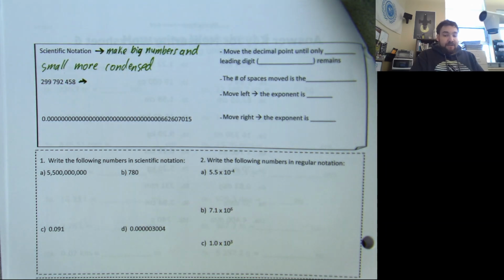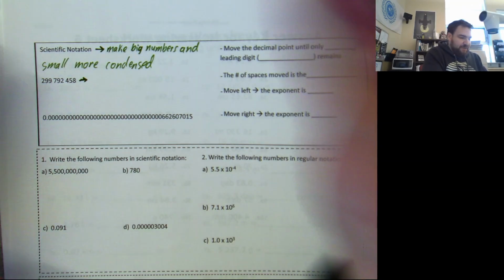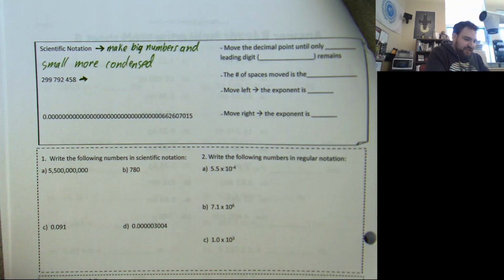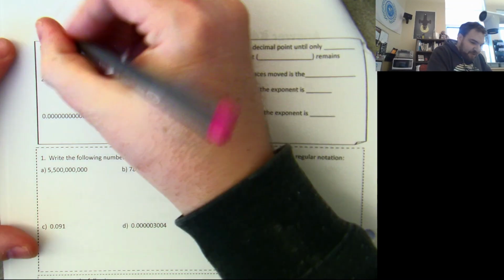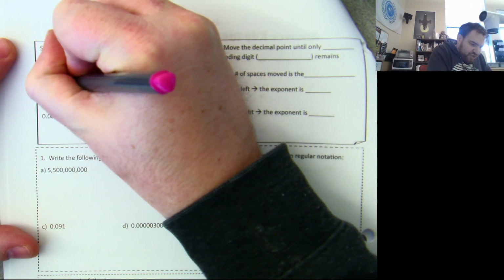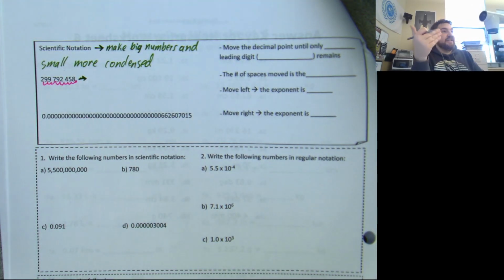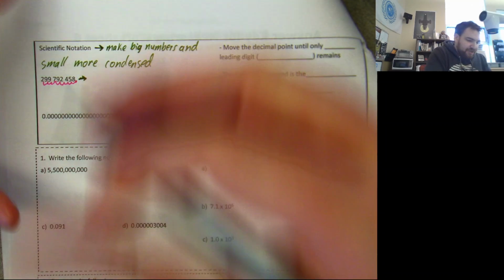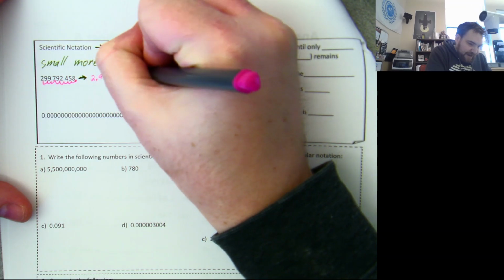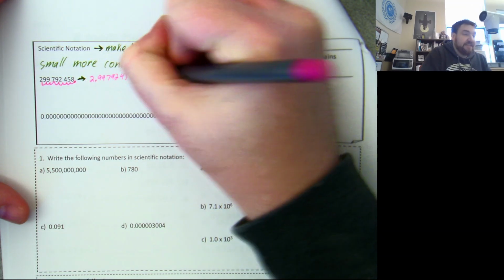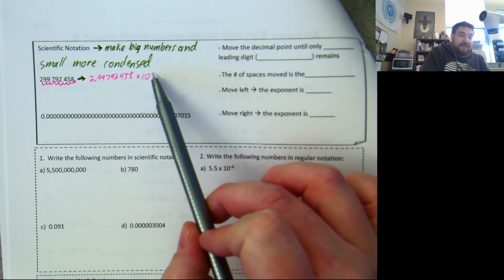more often shows up like this. I'll convert it into scientific notation for you. Here's how you would convert this to scientific notation. You start where the decimal is, and then you move the decimal, and it jumps until you just have one digit left in front. So this would be 2.99792458 times 10 to the, however many times you jumped left is the value of the exponent.